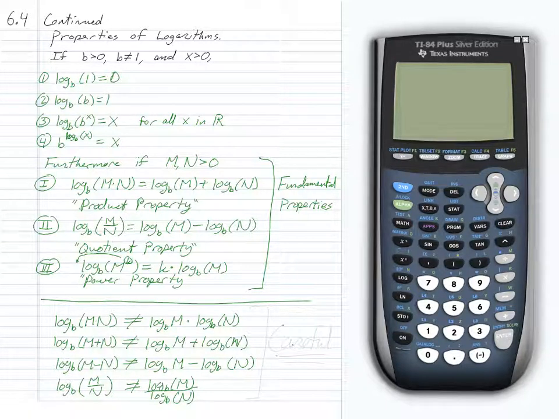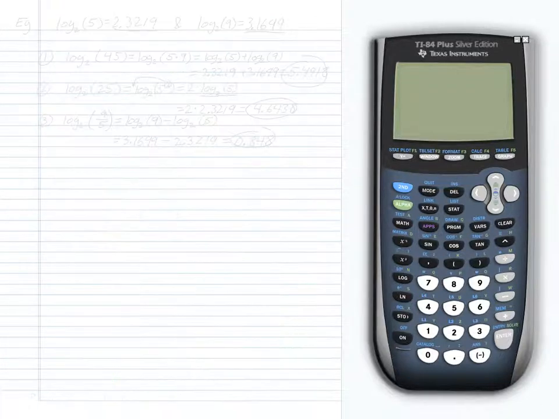Essentially, what each of these inequalities states is that logarithms do not distribute over multiplication, addition, subtraction, or quotients. Let us begin by using some of these properties to solve equations and simplify expressions.